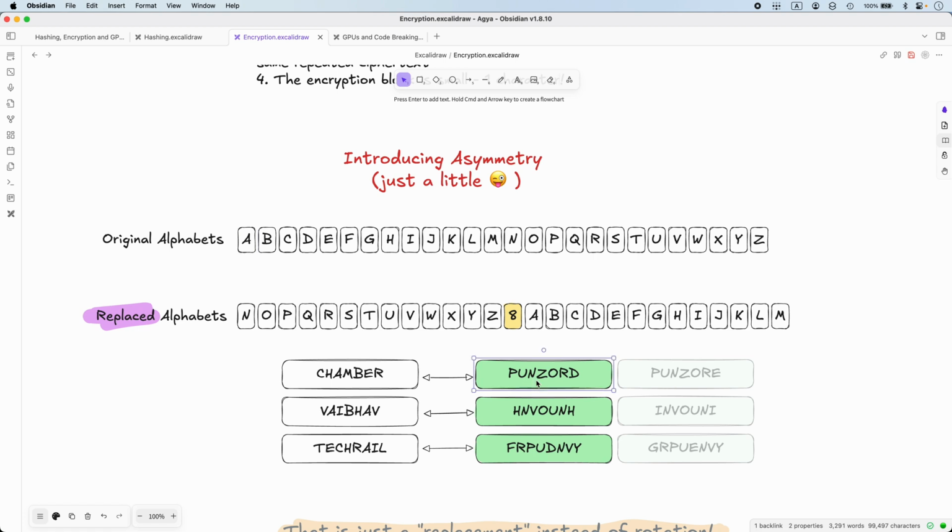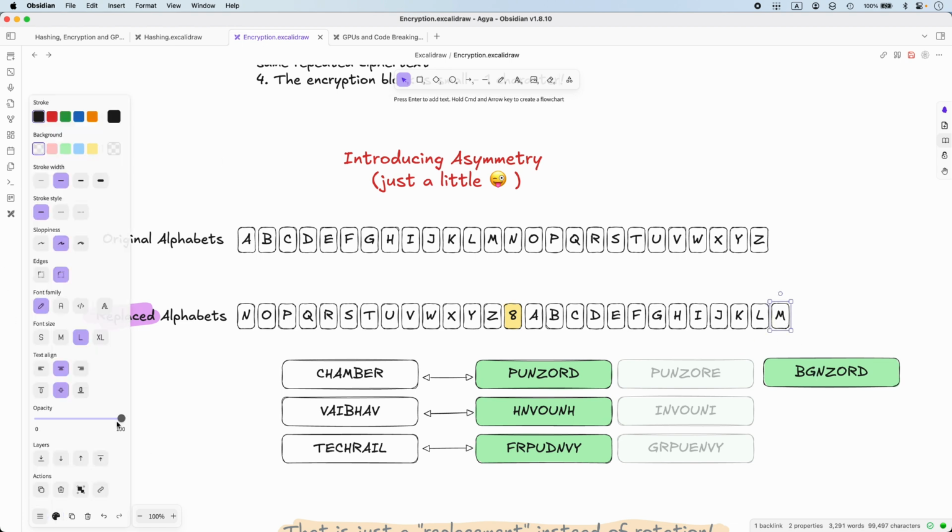Okay, let's try to do this and see what it becomes. So P becomes B, U becomes G. Remember, this M is more or less not in the picture. I'm going to gray it out.